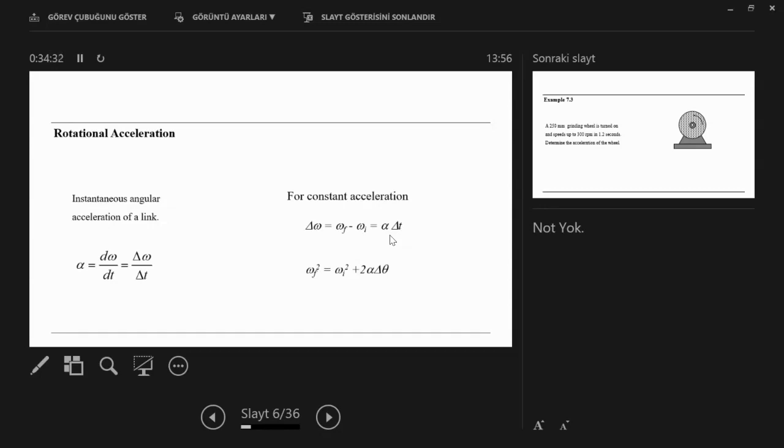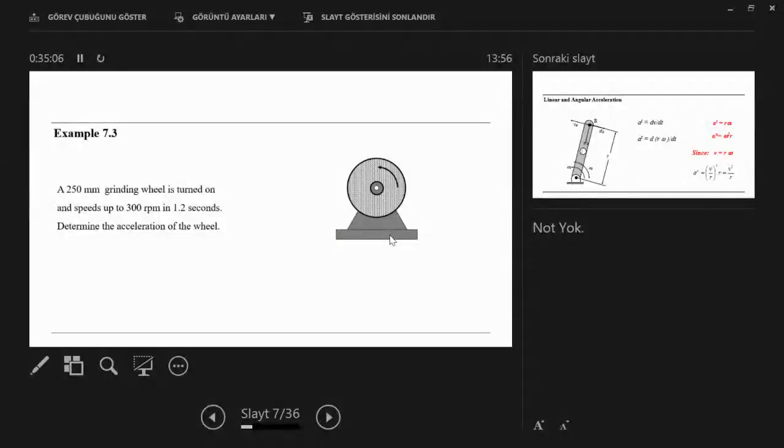Okay. Start from the zero. So it starts from the zero.